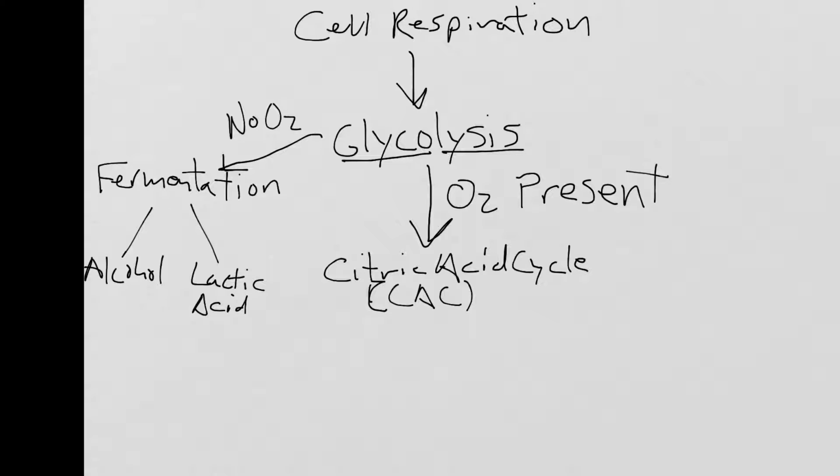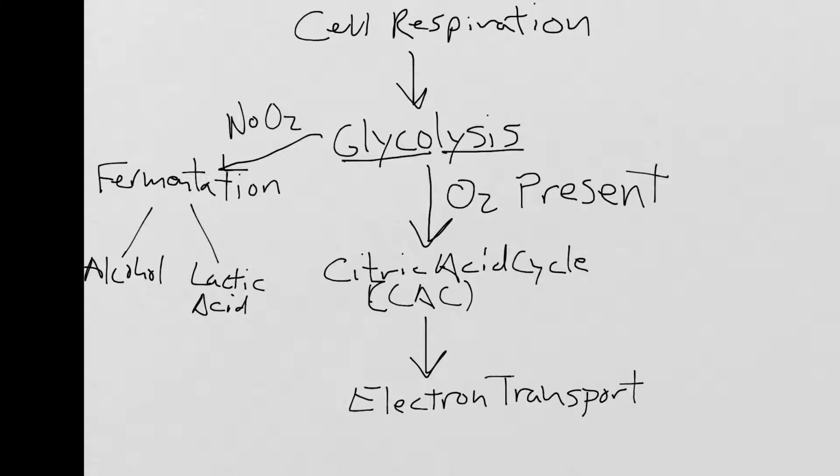Okay, so if you do have the O2, you do your citric acid cycle, and eventually the last thing that you're going to do is the electron transport chain. And the electron transport chain is probably the most important step of all of these, just because it makes so much ATP.